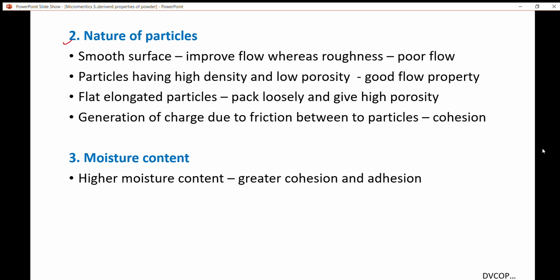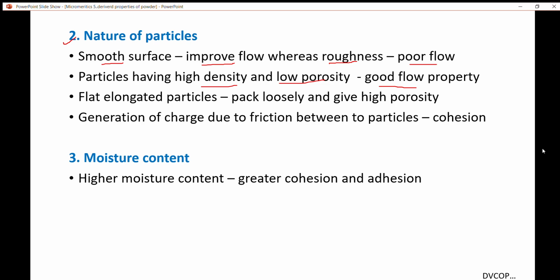Next one is the nature of particle. If the particle surface is smooth, then it has a good flow property, and if the surface of the particle is rough, then it has a poor flow property. If the particles have high density and low porosity, they have a good flow property.